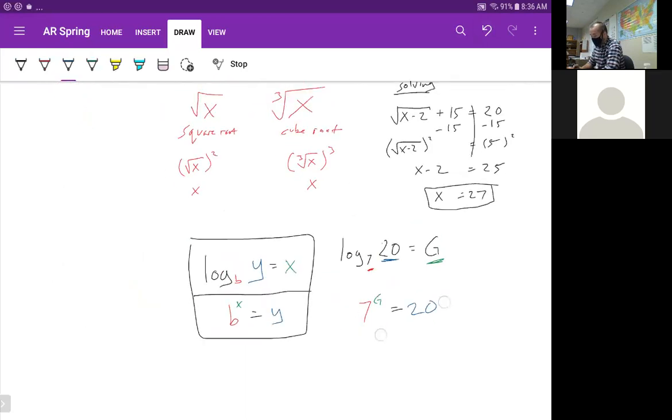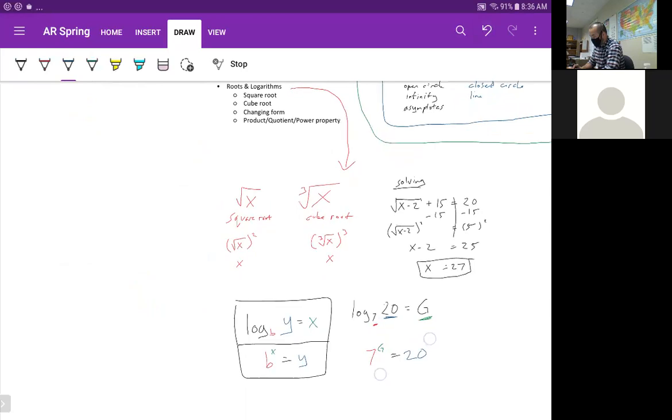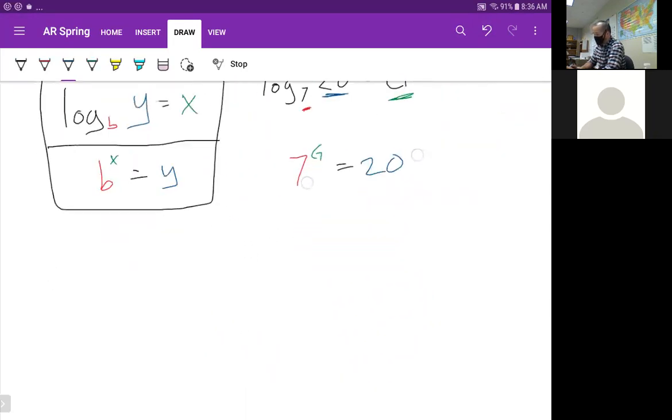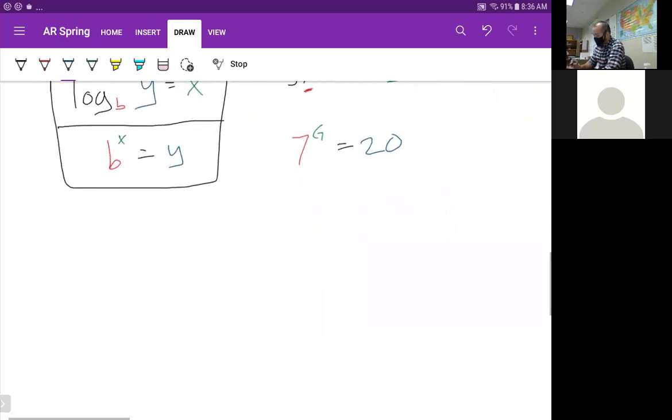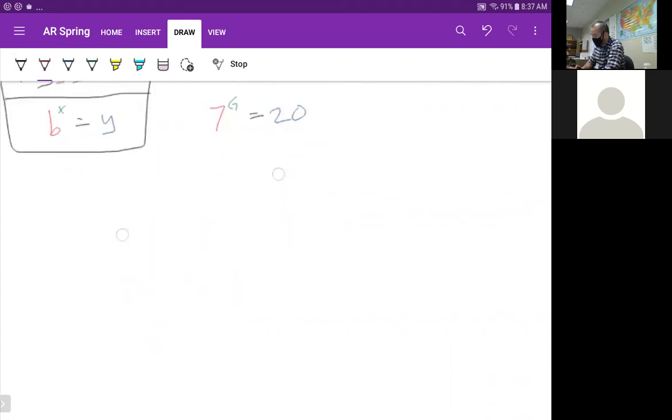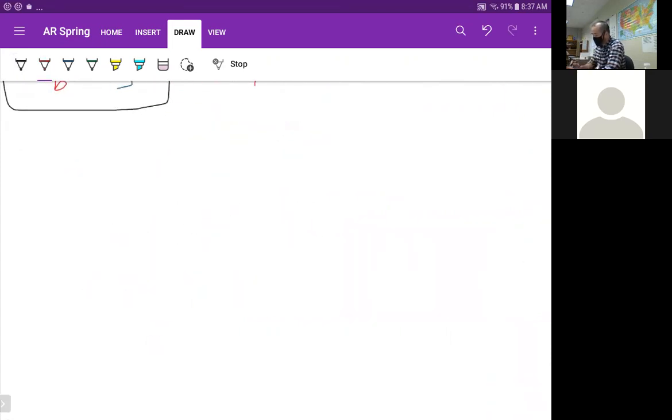And then you have the last thing, which is the power, quotient, and product property. So some more formulas for you. Let's do the red. Log of m times n equals log of m plus log of n.